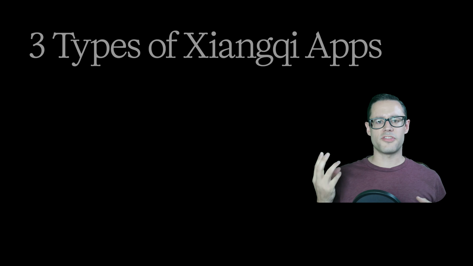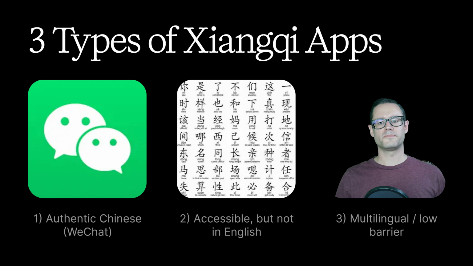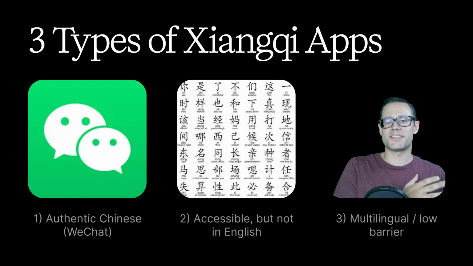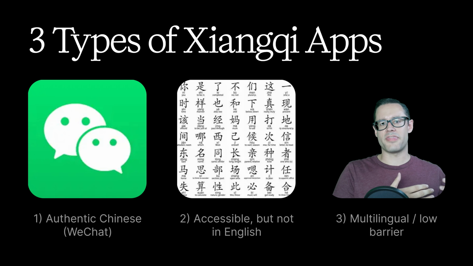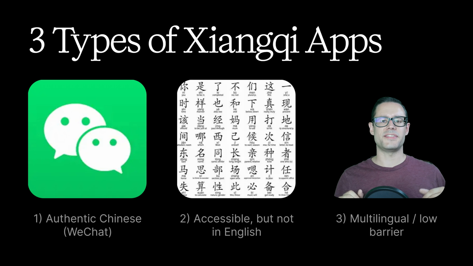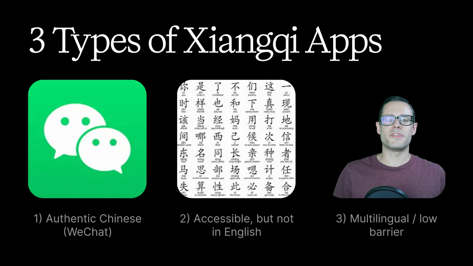So given the barriers, I've broken this down into 3 categories of apps. The first is the authentic Chinese apps. These are the ones that are the hardest to access, but they might also be the most rewarding, and they're certainly the most authentic, culturally rich expressions of Xiangqi. The second category is apps that are readily available outside of the Chinese ecosystem, but there might still be the language barrier.